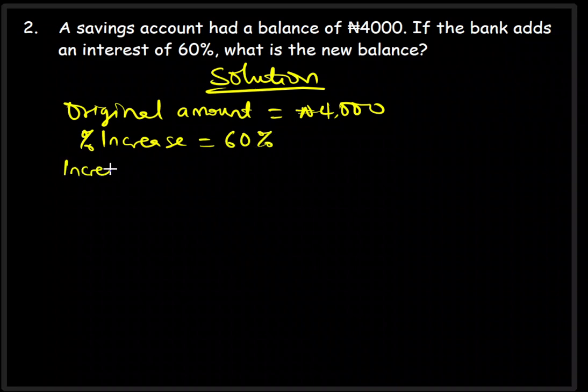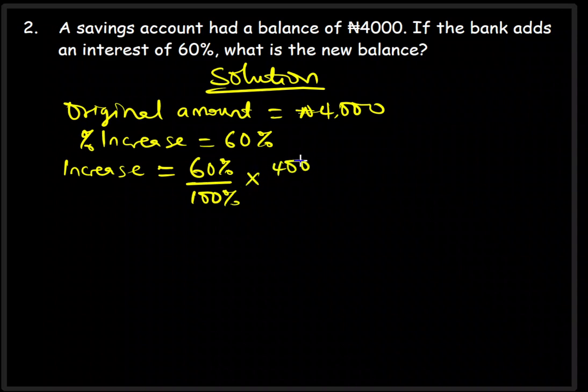Let's find our increase so that we know the new balance. Increase equals 60% all over 100% times 4,000 naira. That will give us 2,400 naira, which is our increment.